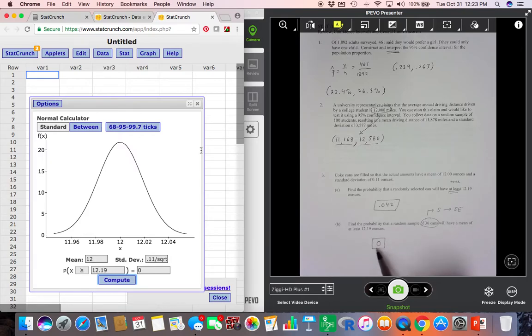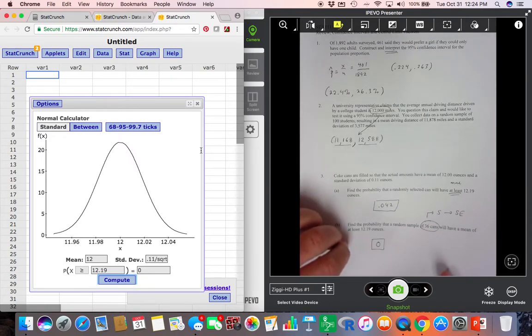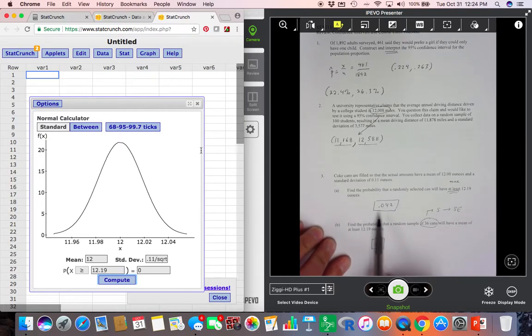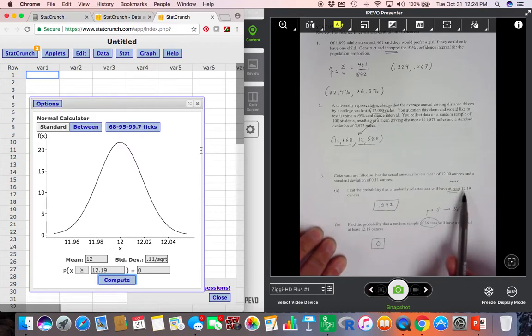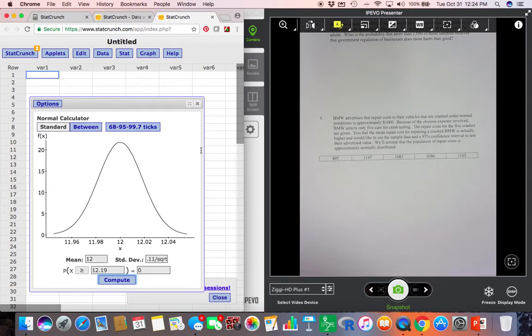And when it gets out to a certain level, it's so low that it just reports it as 0. So guys, it's not really likely you're going to get one can of more than 12.19 ounces. But to get 36 that have an average of 12.19 or higher, it's very, very, very unlikely.